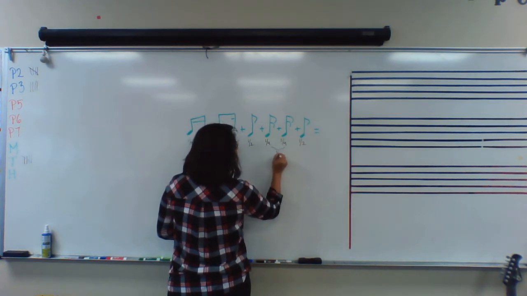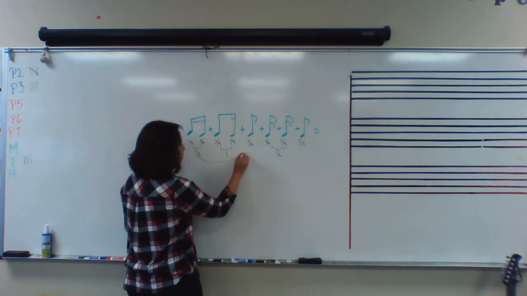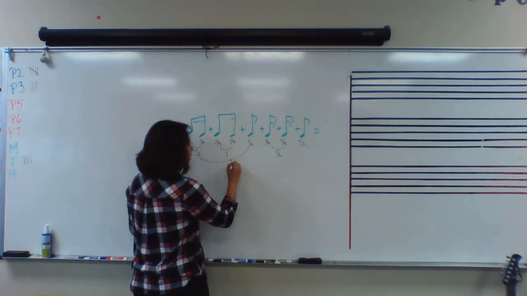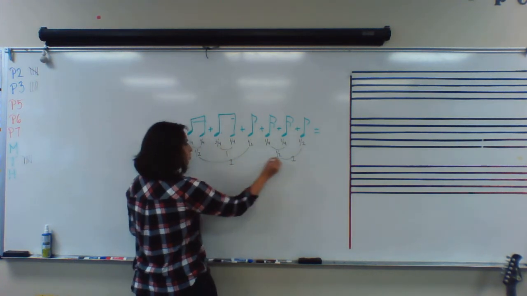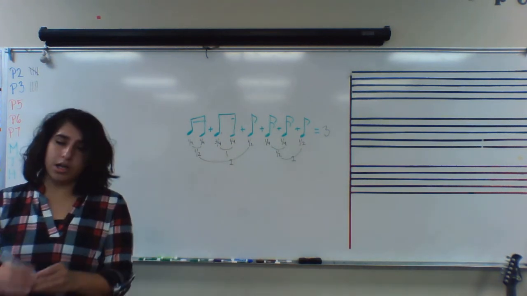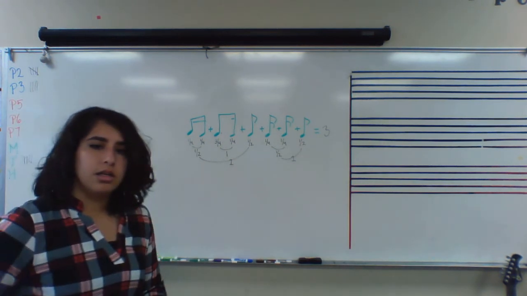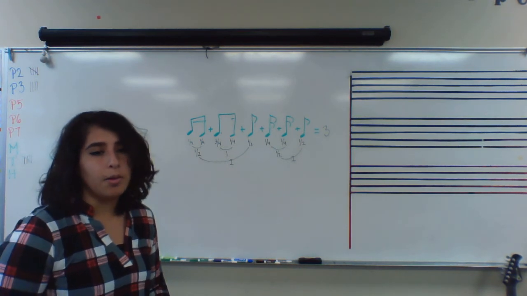If I put these together, that makes a half. Okay, and if I put these two together, that makes 1. If I put these two together, that makes 1. 1, 2, 3. That equals 3. Anyway.